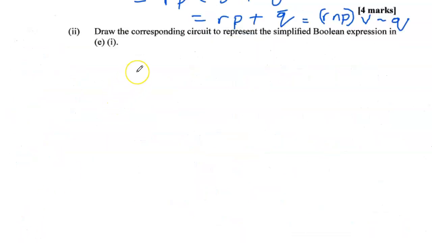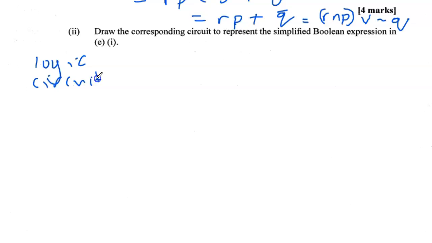Next, we're asked to draw the corresponding circuit to represent the simplified Boolean expression in E1. Now, we weren't told whether we should do a switching circuit or a logic circuit. Let me do both a logic circuit and a switching circuit.